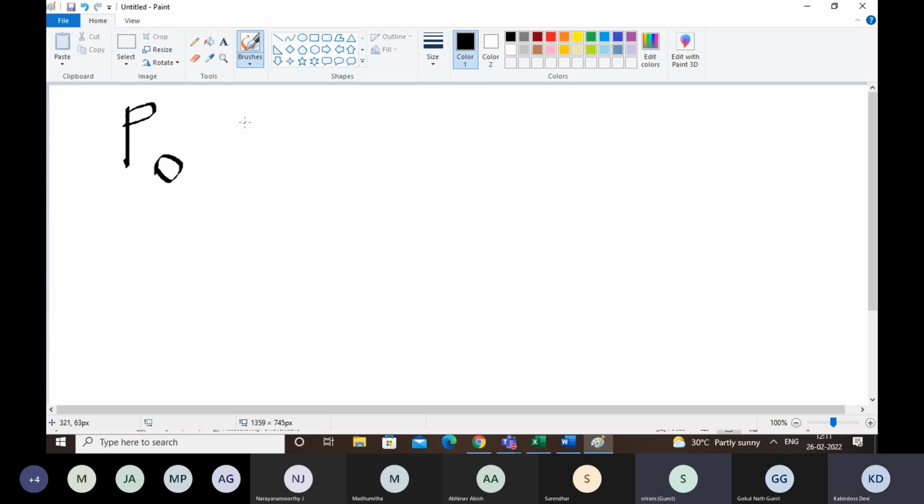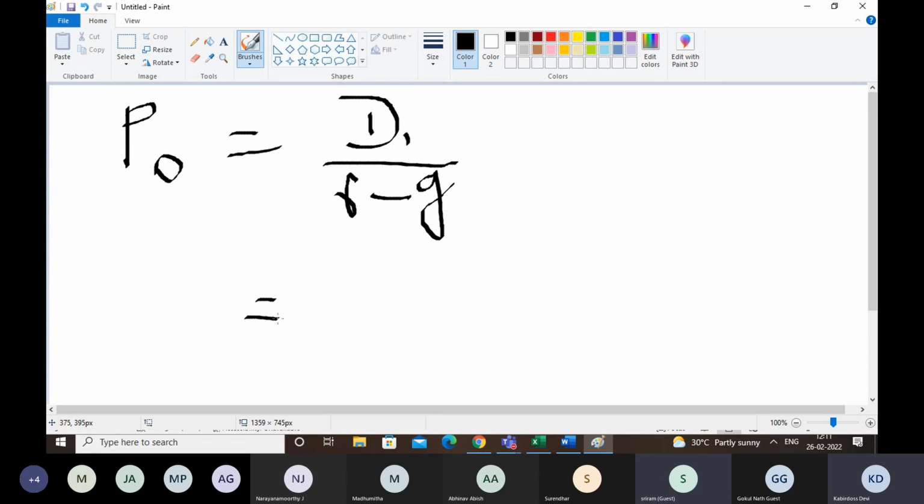I told you the formula: P naught is equal to the dividend decided for the next year divided by R minus the growth rate. Here the dividend is 3.50, what they have proposed for the next year.